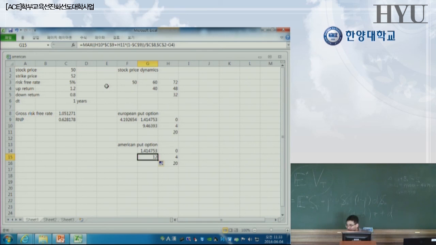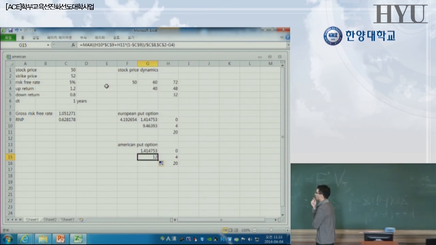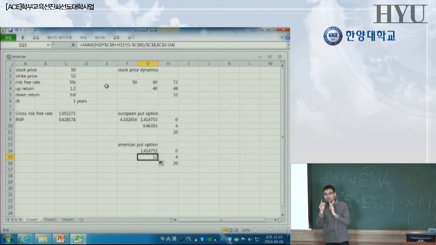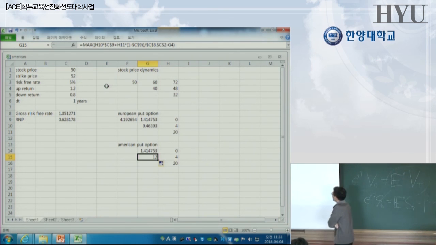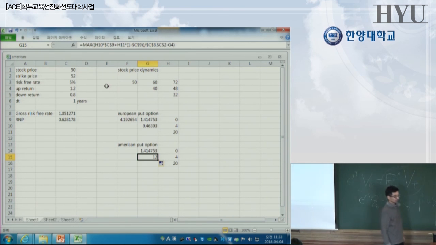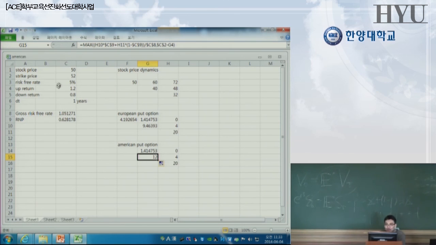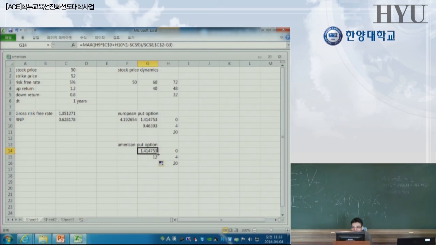If I keep the option, my option value is just $9.46. So I will exercise the option. I compare between the two, and I do this analysis again.